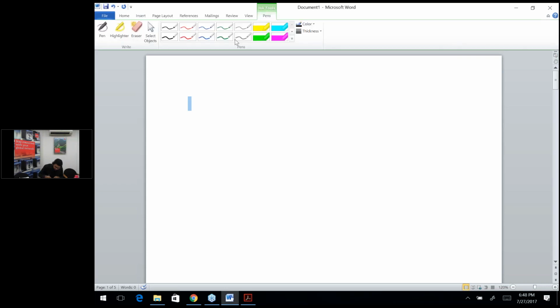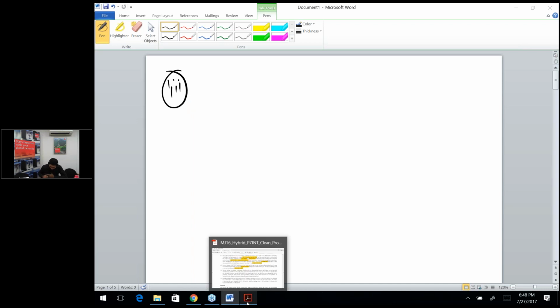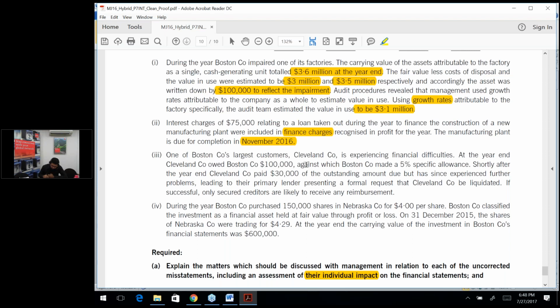Number 3 is irrecoverable debt, where the examiner says that 65,000 is debited and the asset credited by 65,000. It says one of Boston company's largest customers is experiencing financial difficulties.